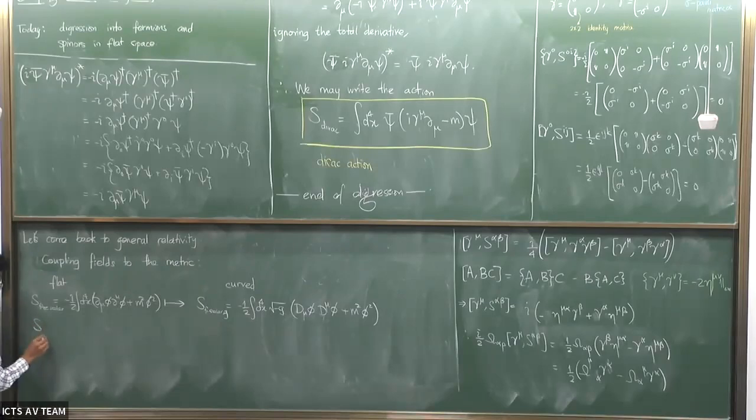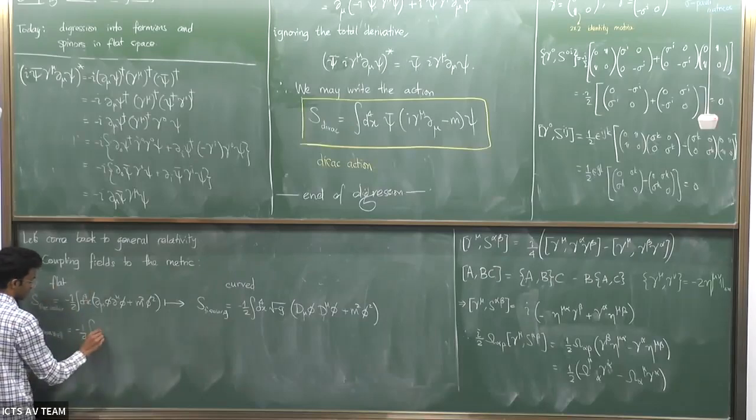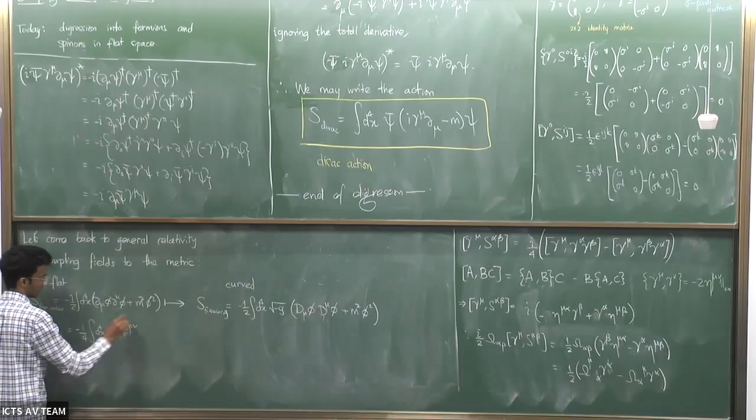And then we learned how to couple Maxwell to gravity. Maxwell in flat space time was just minus one-fourth integral d4x F mu nu F mu nu.